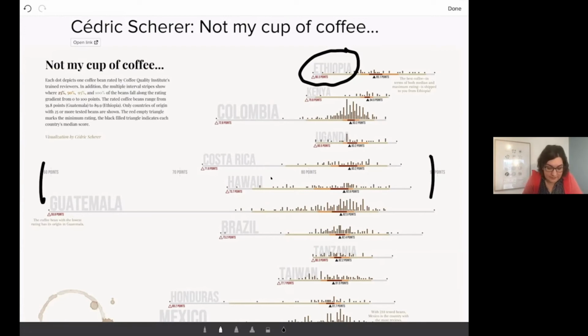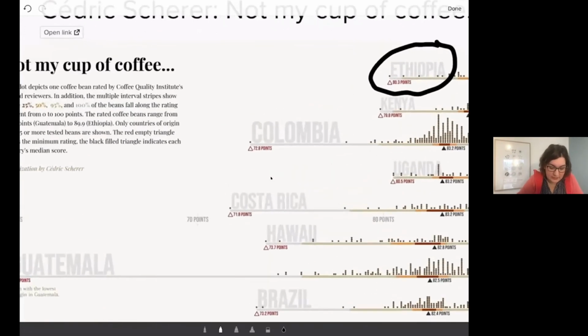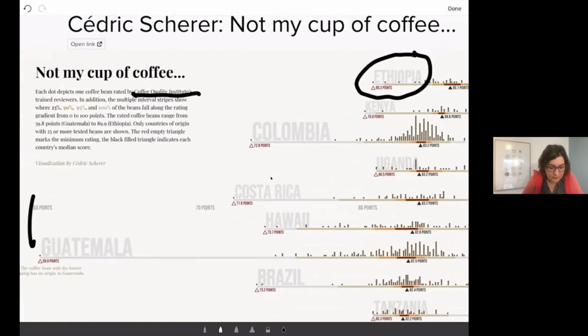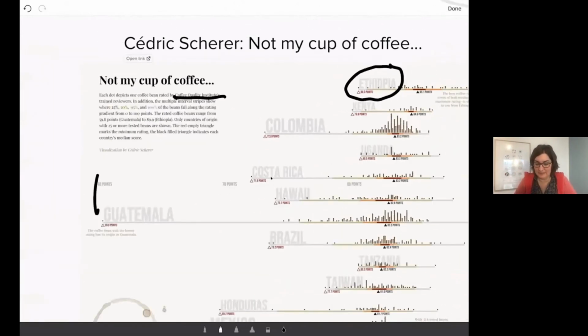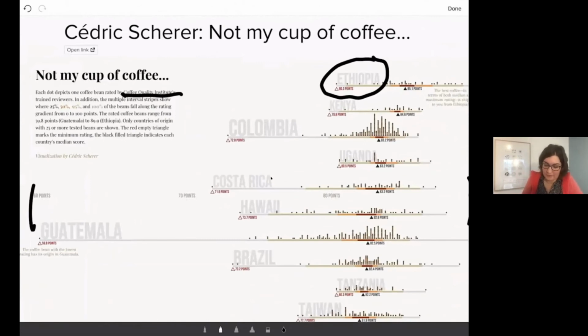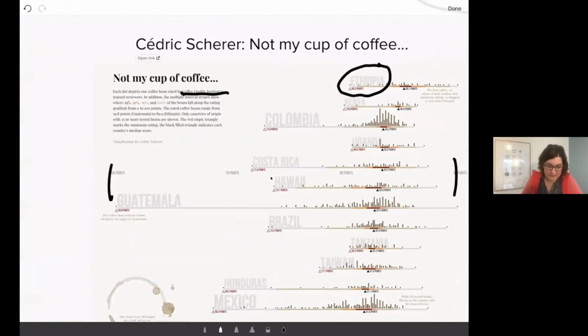There's the Coffee Quality Institute, samples, and you don't know if they test all the coffee beans out there that exist, or just a certain kind, those that are already high quality, and they leave out all the normal coffee. Maybe the normal coffee is down here, and we just don't see it.